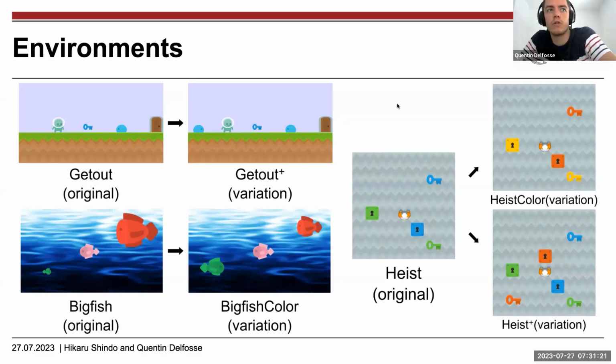The second environment is the Big Fish environment, where you're playing this pink agent, and your goal is to eat the smaller fishes and dodge the bigger fishes. The bigger fish are going to eat you, and the small fish are the ones you want to eat. The more you do that, the more you grow, until at some point you're the biggest possible fish, and then you've won the game basically.